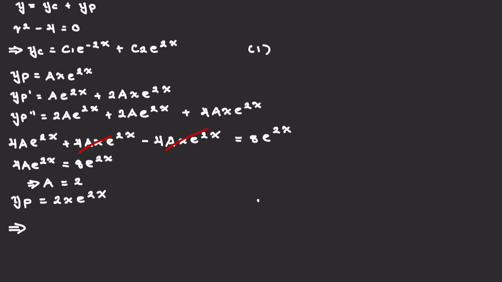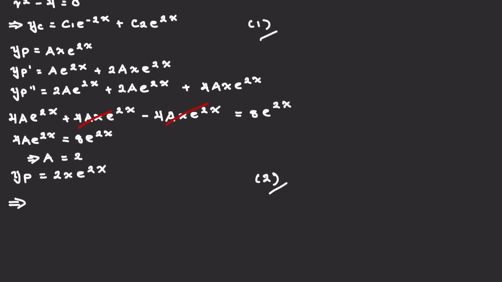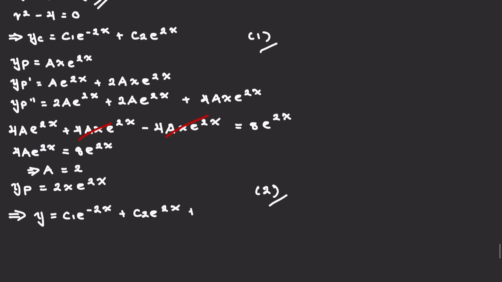Plugging our second equation for our yp and our first equation for our yc into our superposition principle, we'll get a general solution of y equals yc, which is c1 e^(-2x) + c2 e^(2x), plus 2x e^(2x). So this is our general solution for solving this ODE problem.